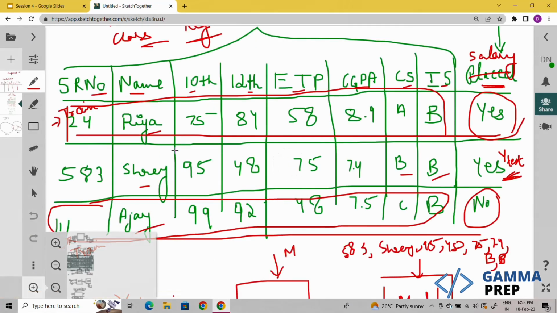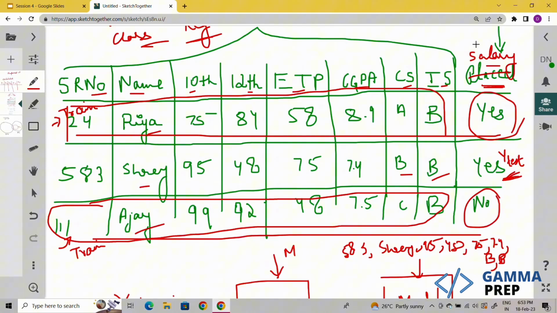In the same example, we know their serial number, name, 10th marks, 12th marks, employability test percentage, CGPA, communication skills, interpersonal skills, and maybe even their salary also. But here we are not trying to predict the salary.